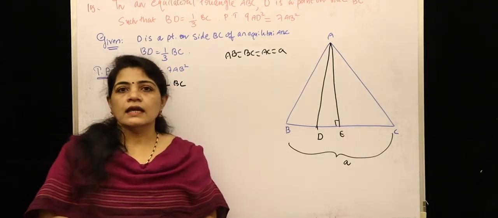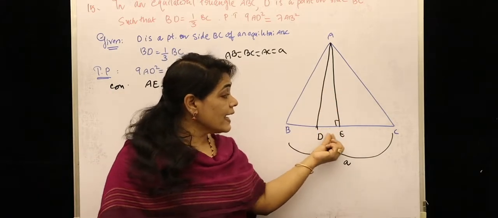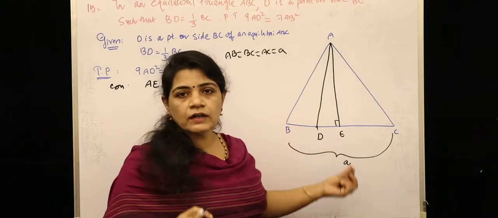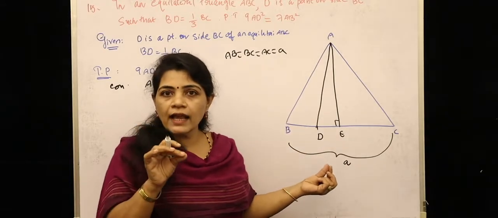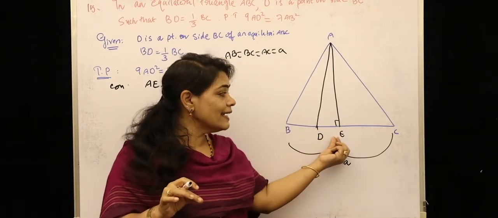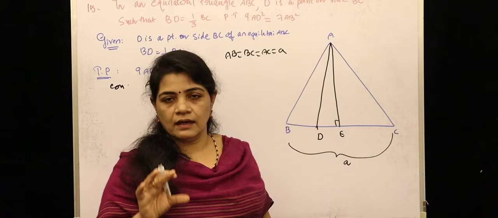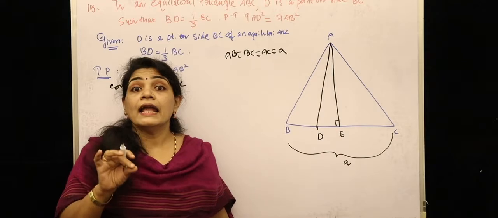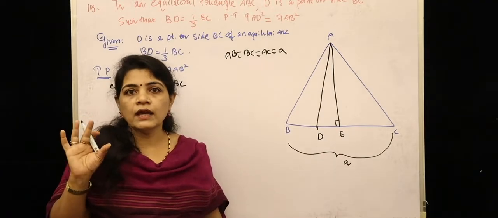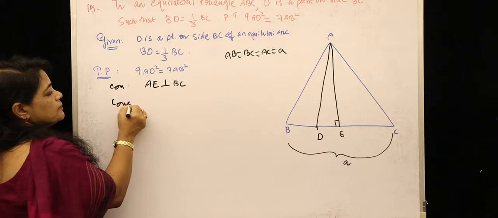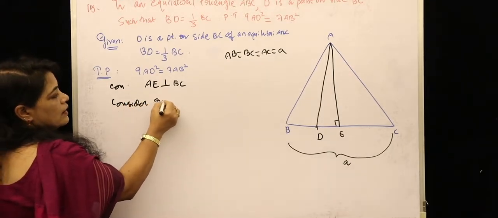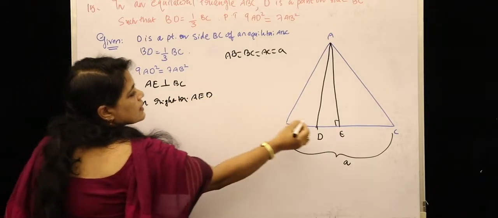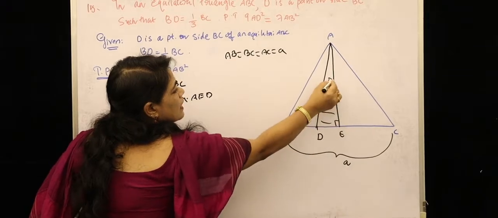See children, here we should consider this triangle ADE, then only the term AD square will come in our result. Since we have drawn AE perpendicular to BC, this ADE is a right triangle. So I am going to apply the Pythagoras theorem upon this right triangle AED.